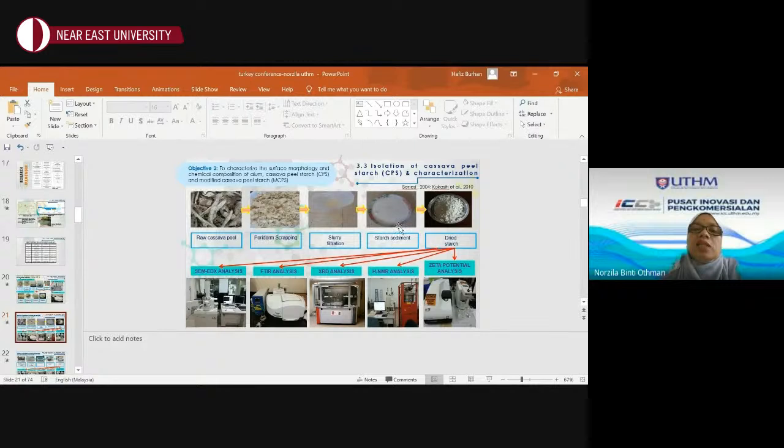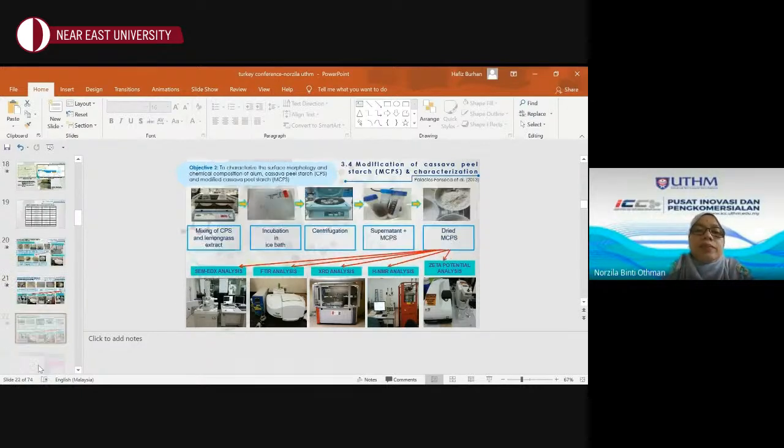After that, the starch sediment was collected and dried. After the sediment was dried, it was further tested in a few analytical machines for zeta potential analysis, HNMR analysis, XRD analysis, FTIR analysis, as well as SEM and EDX analysis.